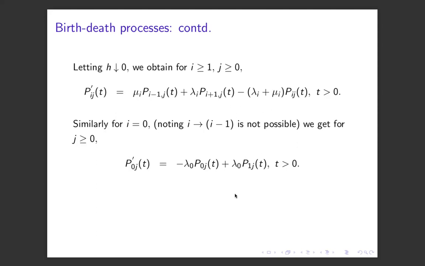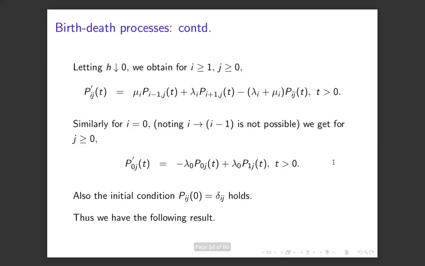And you have the correct equation. Of course, the initial condition is Pij(0) is delta ij.